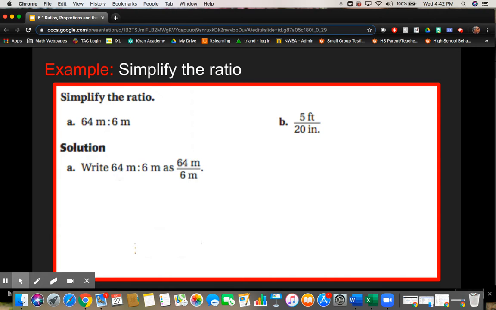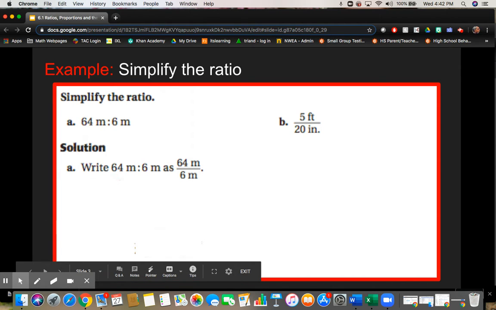In part A, it'll be simple. We'll write it as a fraction and simplify.